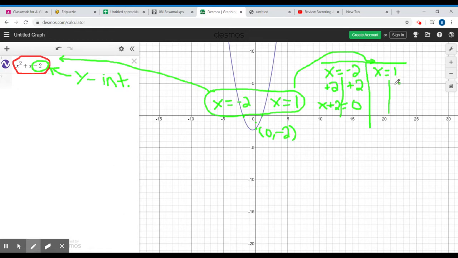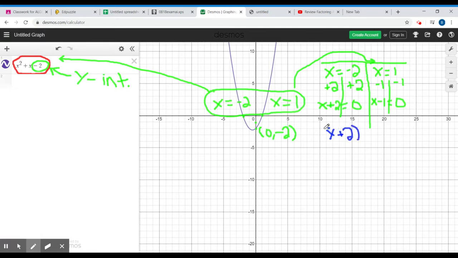I'm going to do the opposite. It's a plus 1, so I'm going to minus 1. So then I end up with x minus 1 is equal to 0. That's basically the reverse of what we've been doing when we try to find our zeros, our x-intercepts.